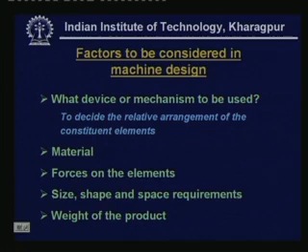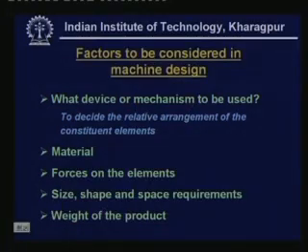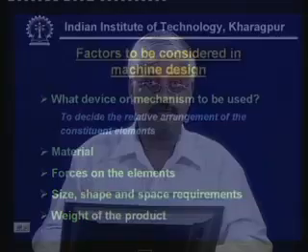So, all these points written here, let us have a quick recapitulation. Somehow or other this has been spelled out in this lecture at the earlier stages, but now let us look into it categorically. First of all, what device or mechanism to be used? This is a very important aspect, because the same work can be carried out by two different types of mechanisms.